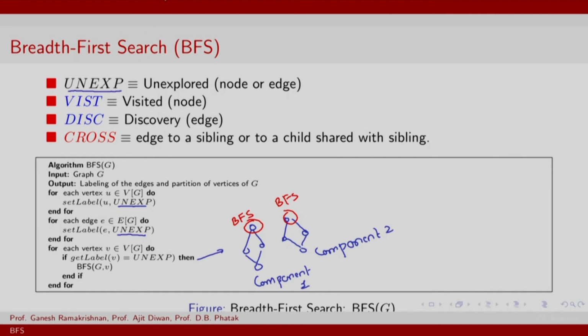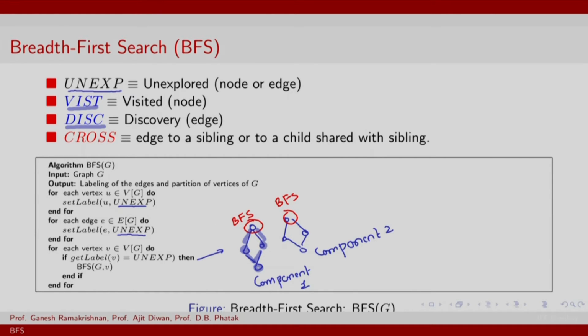So let us do some highlighting. Visiting of a node or the visiting of an edge within the call to BFS, we would expect to mark these nodes and these edges as visited and discovered respectively. It is also possible that there are some edges across these calls to BFS.